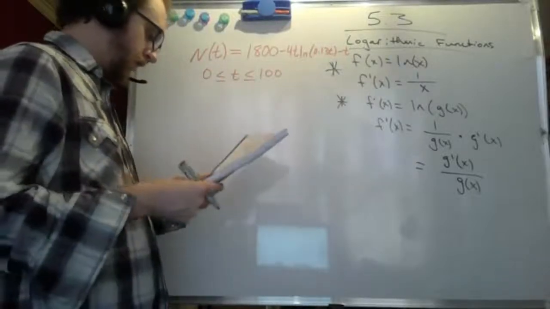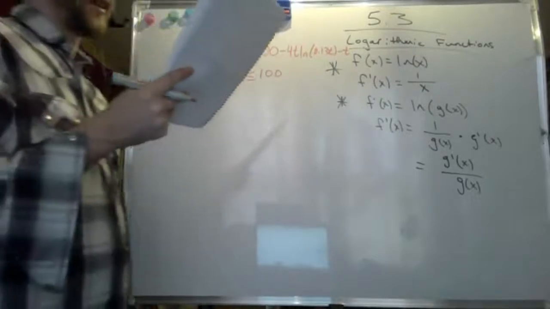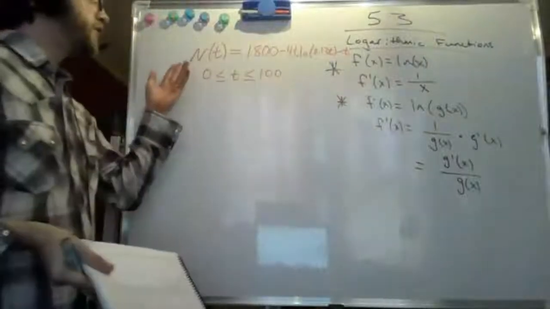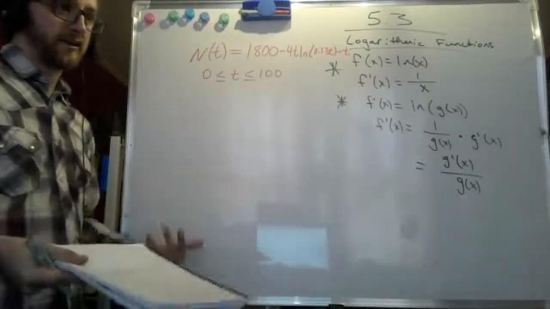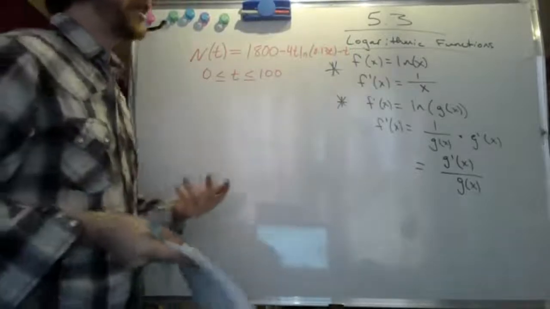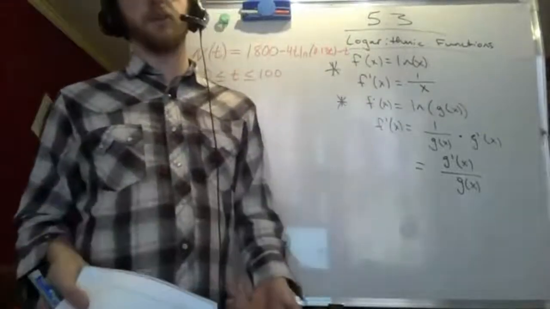So what's the question here? The question is, what is the maximum number of aphids in the banana orchard? In other words, maybe they're trying to find out, okay, we know we've sprayed them, and we know they're going to die eventually, but we want to know how large their population is going to get before the spray actually finishes them off.